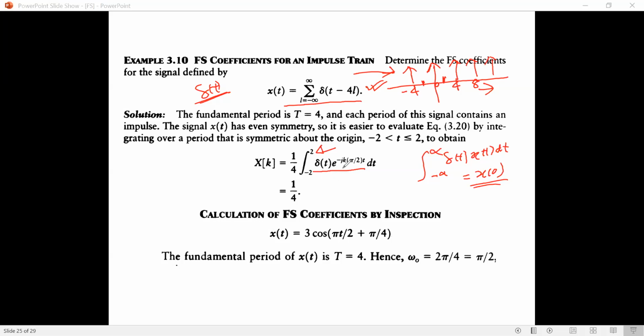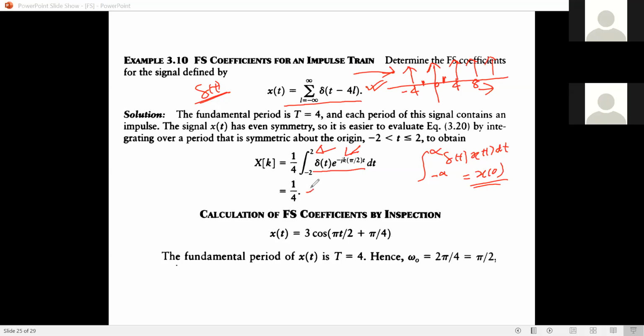So this value equals the value of this function at time t equal to 0. Written more clearly, it is e to the power j k omega 0 times 0, and as this is equal to 1, it is equal to 1 by 4. And omega 0 is equal to 2 pi divided by 4, which is pi divided by 2.